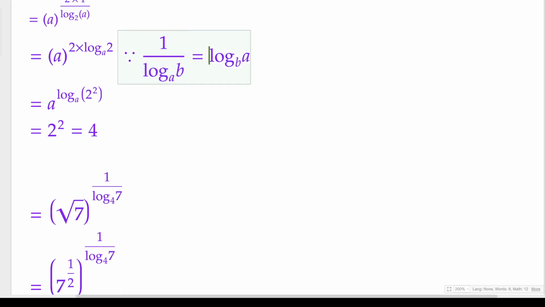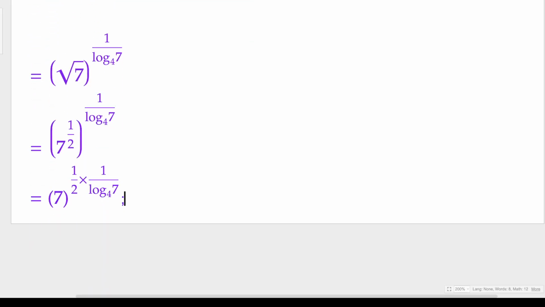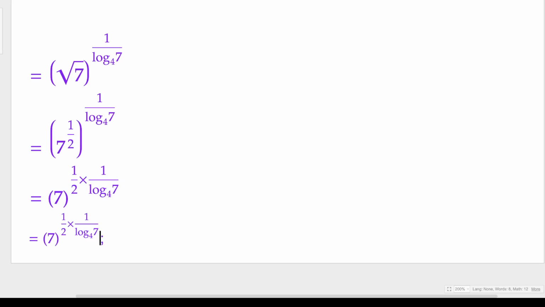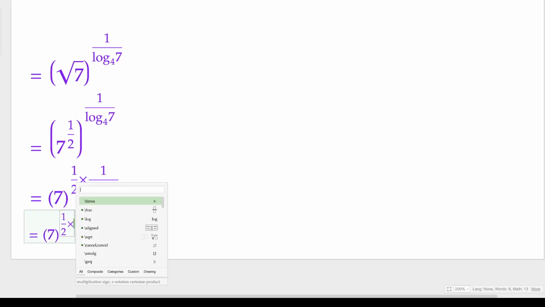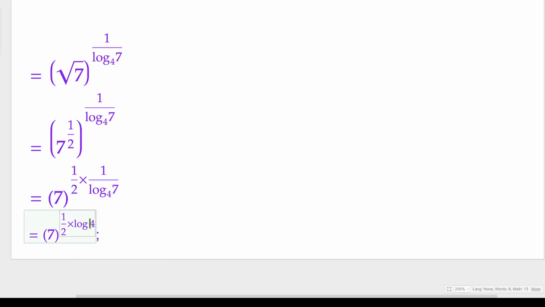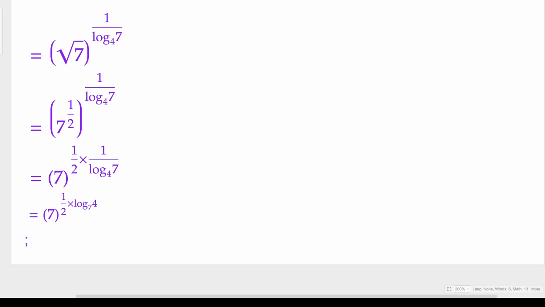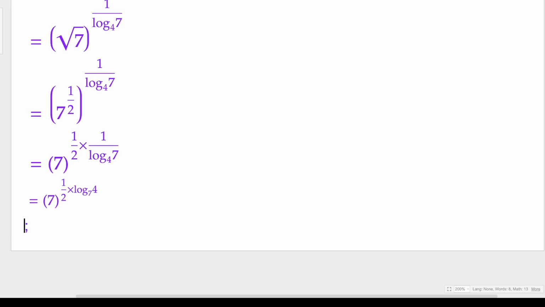that 1 over log b base a can be written as log of a base b, where base and argument get exchanged. Considering the logarithmic system is defined, we can write this as log with argument 4 and base 7. Now this 4 can be written as 2 square, and the factor 1 by 2 will come on the power of this 4.